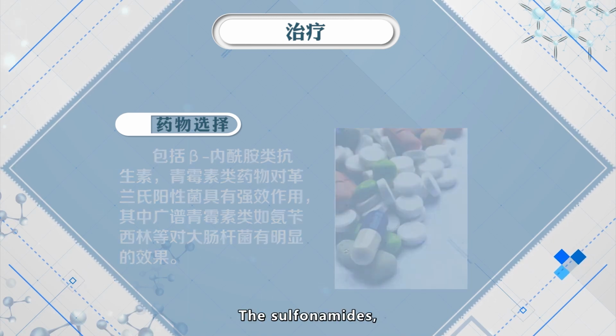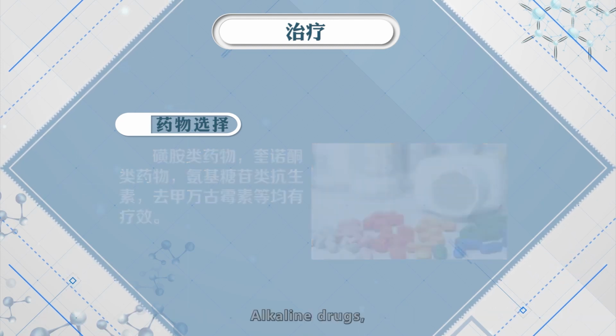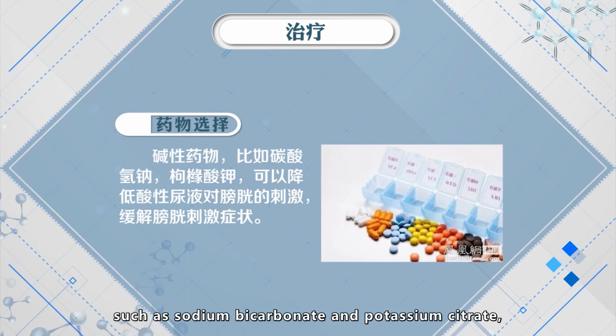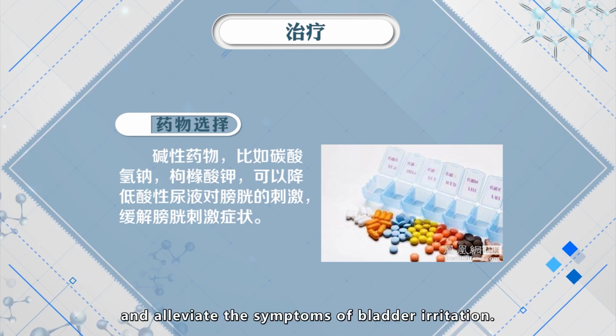The sulfonamides, quinolones, aminoglycoside antibiotics, and vancomycin also work in the treatment. Alkaline drugs such as sodium bicarbonate and potassium citrate can reduce the irritation of the bladder by acidic urine and alleviate the symptoms of bladder irritation.